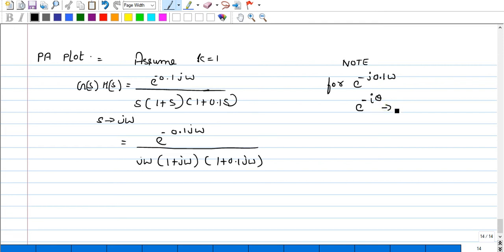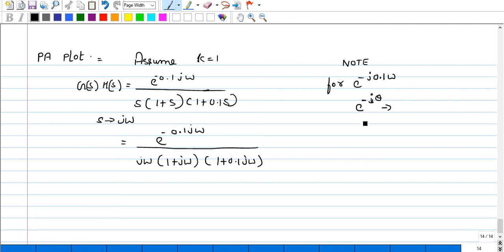Can anyone expand this? Any students? I hope you have gone through the concepts. E raised to minus j theta, how can you expand this? No idea? Or you can consider it as j theta also, not an issue.